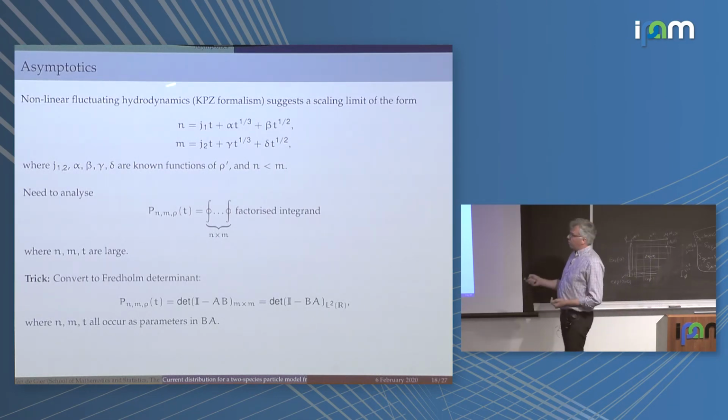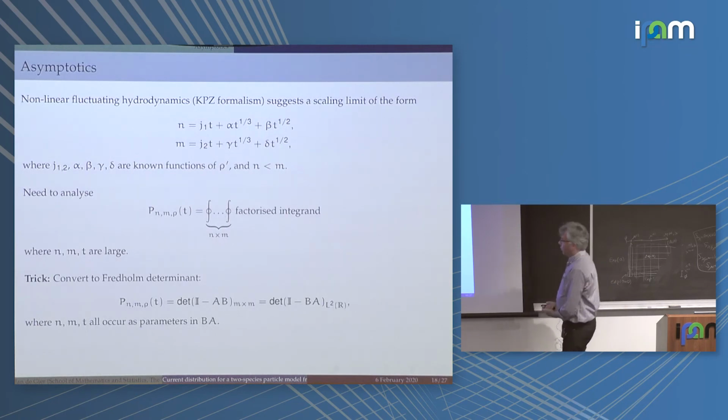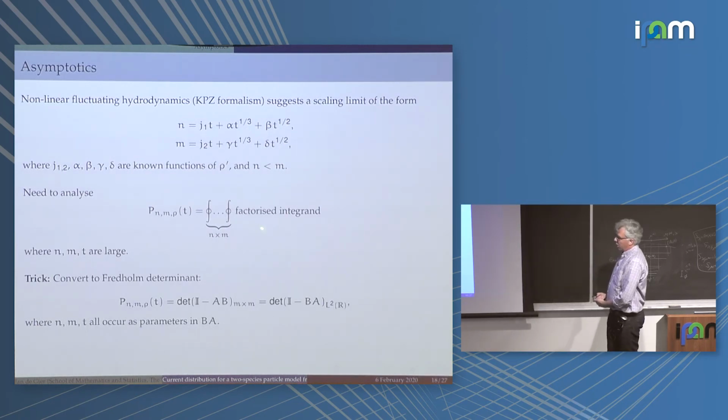So what we need to do is insert these scaling formulas into our formulas and see that there is a self-consistent asymptotic analysis. So we need to analyze a formula of this form where you have n plus m integrations, where n and m become very large in this particular way.